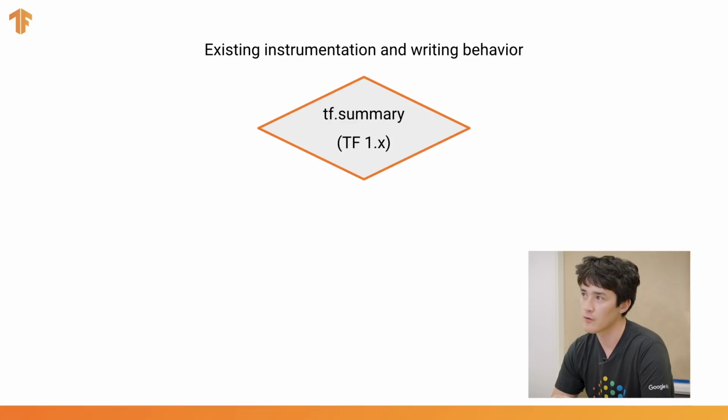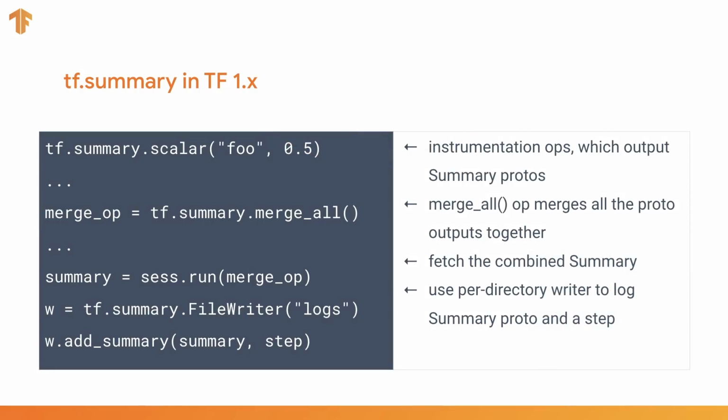But first off, let's start with the most familiar Summary API from TF 1.x. Just as a review, if you've used the Summary API before, this will look familiar. But this is a code sample of using the Summary API in 1.x. The instrumentation ops like scalar actually output Summary protos directly.